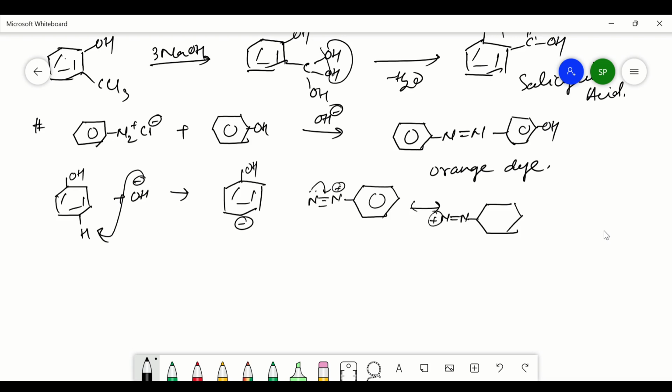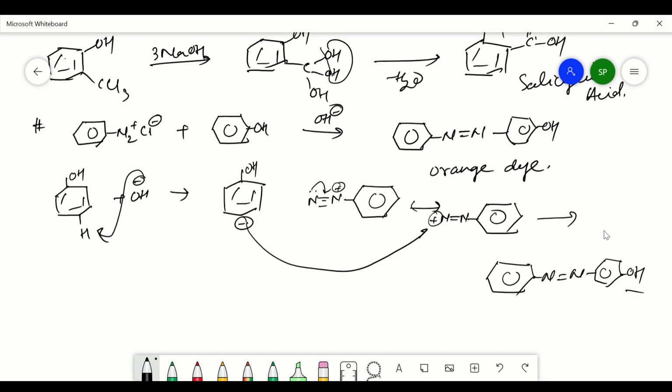Okay. So now this negative charge will attack this and there will be formation of this coupled product. Okay, this reaction is known as coupling reaction with benzene diazonium chloride. Forgot to mention the name. This is known as coupling reaction.